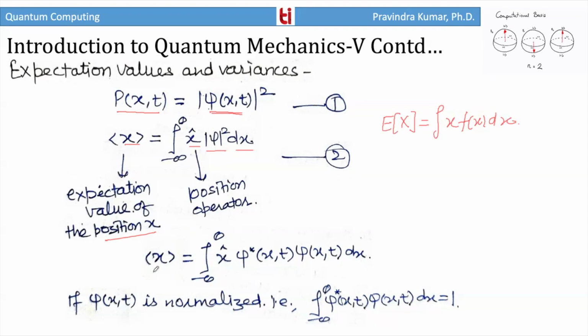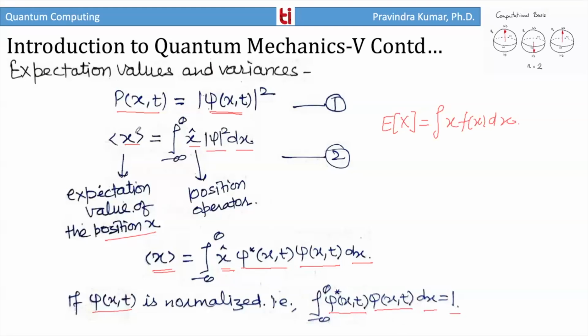So the expected value of position can be written as the integral of the conjugate of wave function psi(x,t), position operator x, wave function psi(x,t), dx. And if the wave function psi(x,t) is normalized, we can say the integral of conjugate psi(x,t) and psi(x,t) dx is equal to 1.